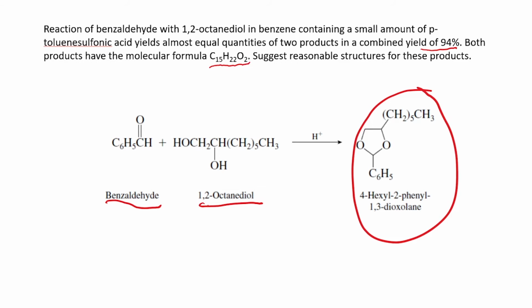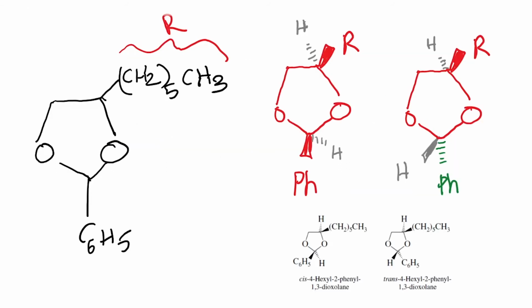If you look at this question, the products that are formed are of the same molecular formula, and therefore the stereochemistry of the product is going to be important. Now, if we assume that this long chain group over here is R, a functional group R, we have two situations.